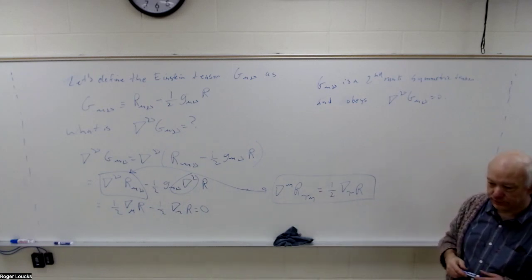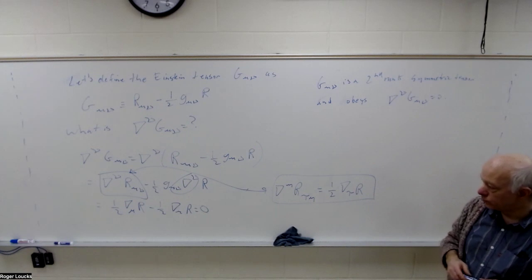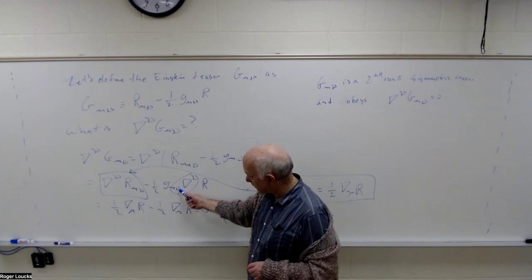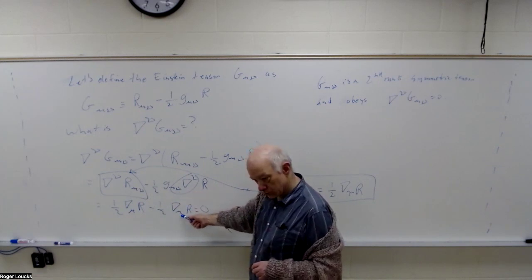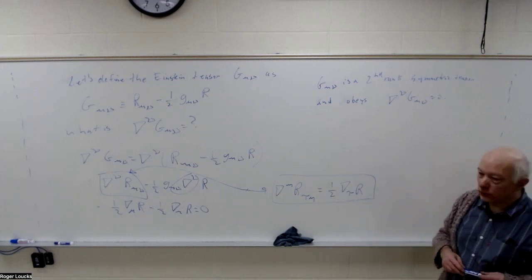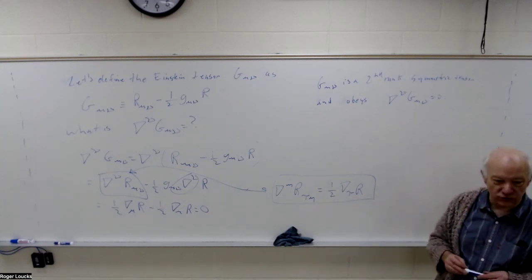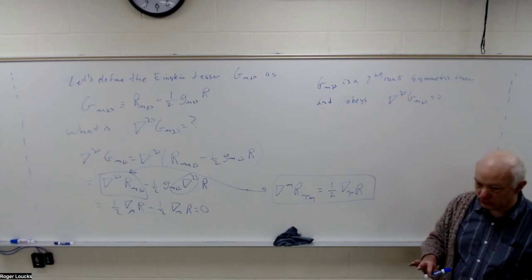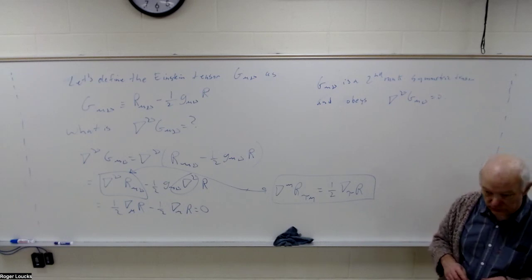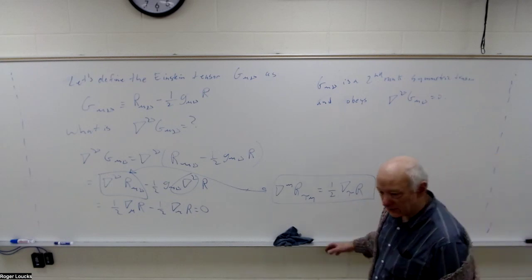Wait, so how did the g mu nu go away in this? Which part? This g mu nu, I use this to lower this index here to a mu. Oh. There, we now have all the pieces that we can actually now give a, this is not a proof, this is going to be a plausibility argument for the Einstein equations. Finally.